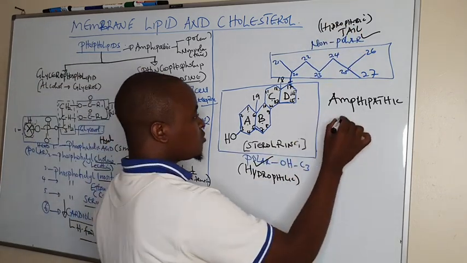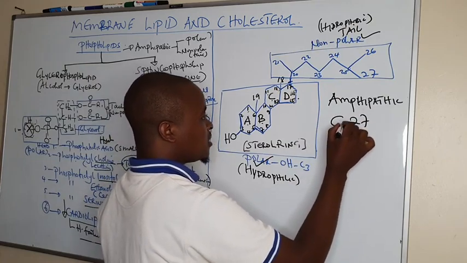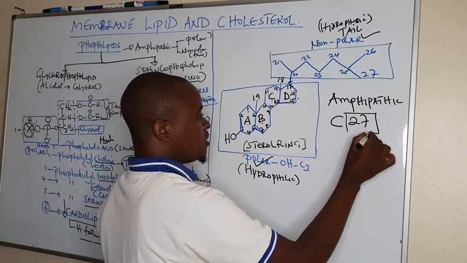And we are seeing that cholesterol has the number of carbons as 27.